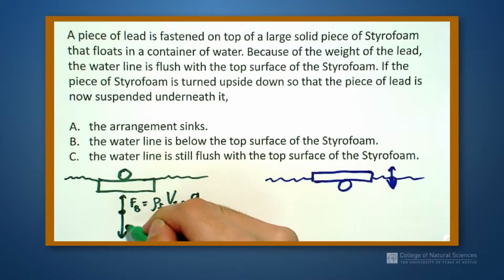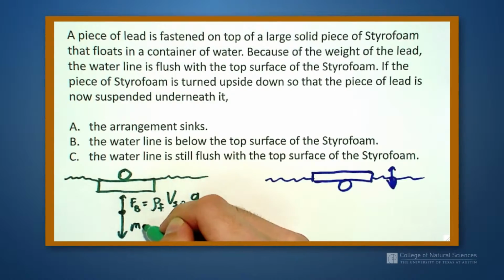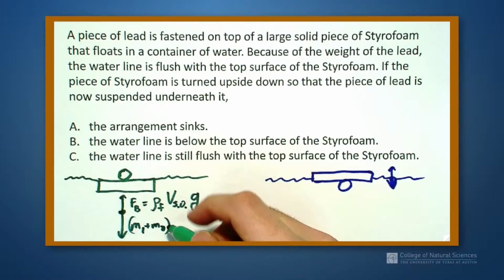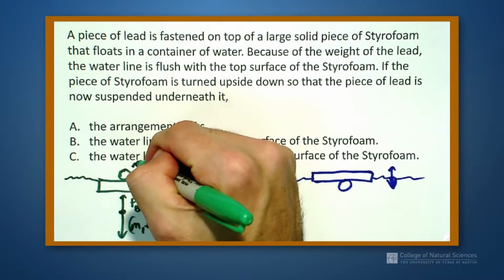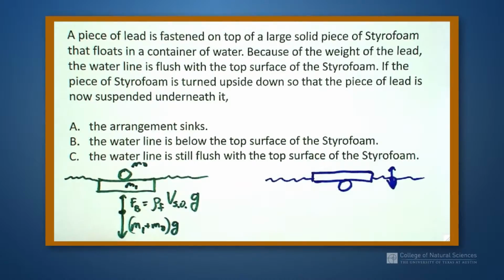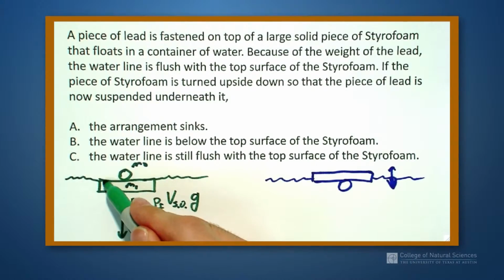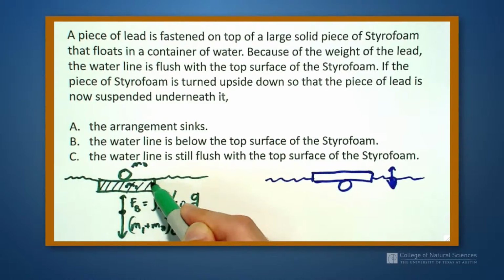And I know that I have a downward weight force. My downward weight force is m1 plus m2. I'm going to consider this object to be one object, and it has a weight force of (m1 plus m2)g. The volume that's submerged is actually only this volume. It's the volume of the styrofoam.